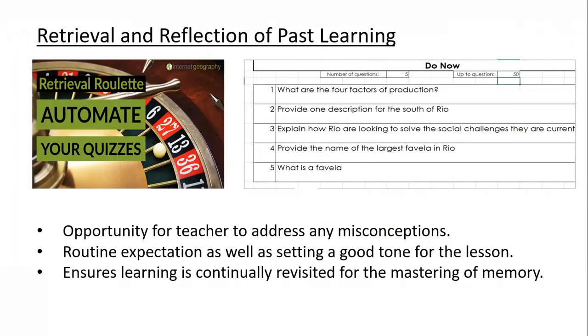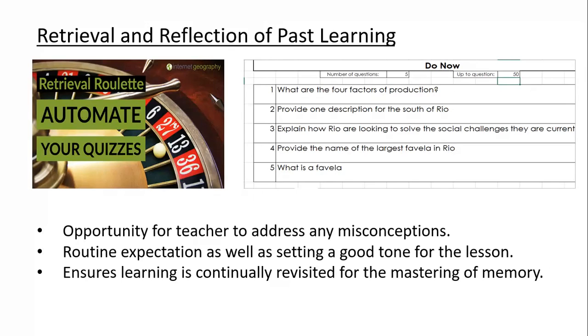Okay, so once students are actually in the classroom, my objective is to ensure that we are reflecting on past learning. And the way I do that is I use something called Retrieval Roulette. Now, the teacher will create a handful of questions before the lesson, and the system will randomly allocate 5 questions, which the students will have to answer in their books.